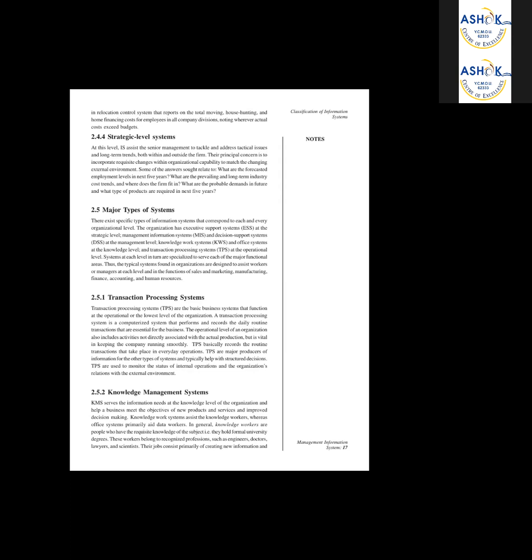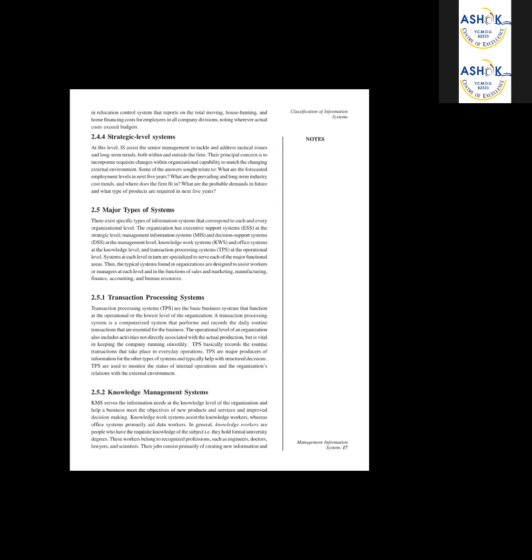Systems at each level in turn are specialized to serve each of the major functional areas. Thus, the typical systems found in organizations are designed to assist workers or managers at each level and in the functions of sales and marketing, manufacturing, finance, accounting, and human resources.